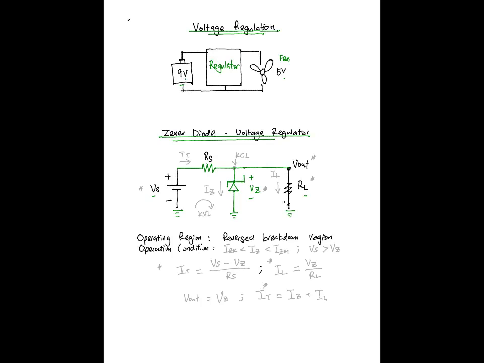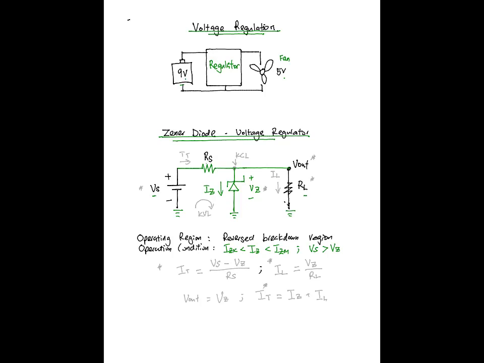In order for the Zener diode to maintain regulation, the condition is to make sure that the current flowing through the Zener diode Iz must be between the minimum value Izk and the maximum value Izm. The other condition is to make sure that the voltage supply Vs is greater than the Zener voltage itself.